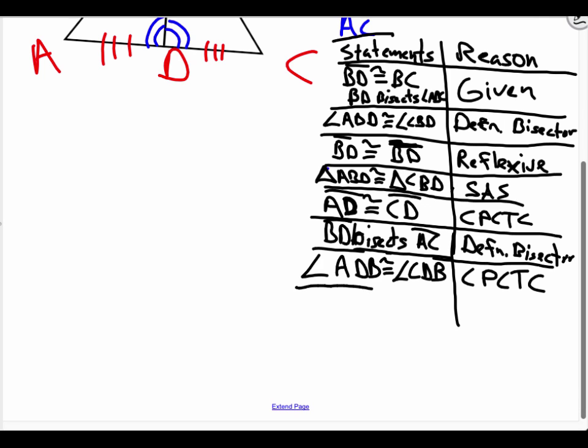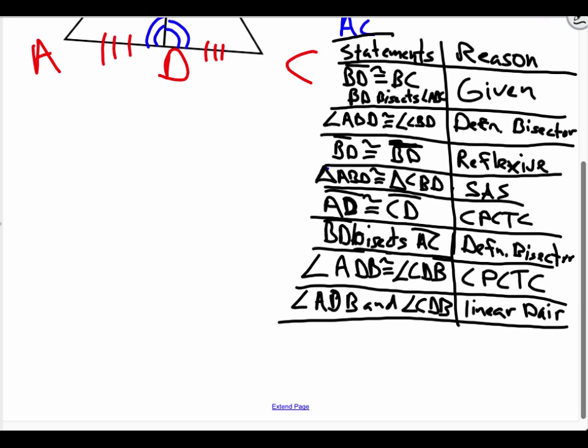And when I look at that, I also know that angle ADB and angle CDB are a linear pair. Why? Because they're on the line AC.